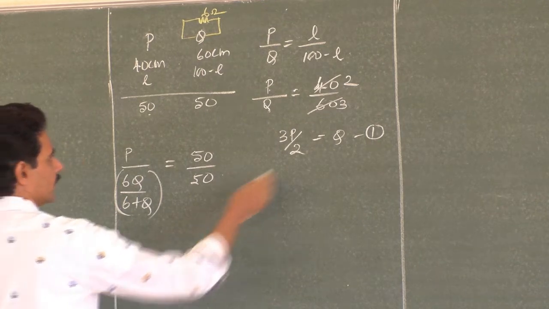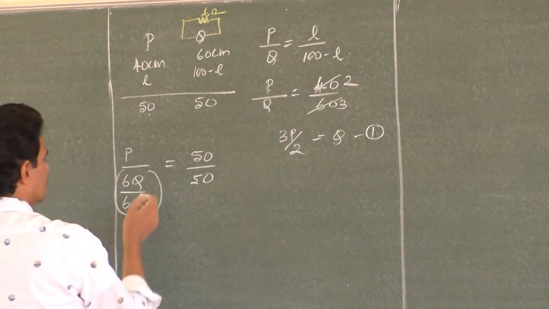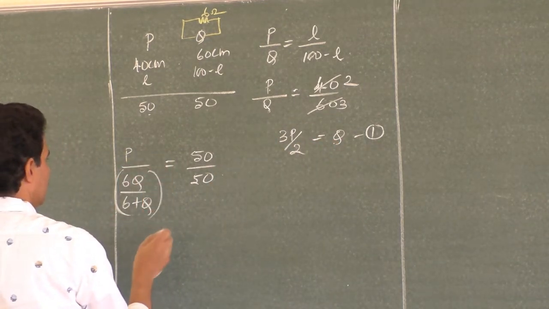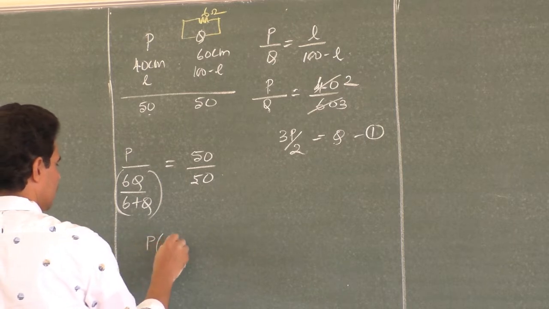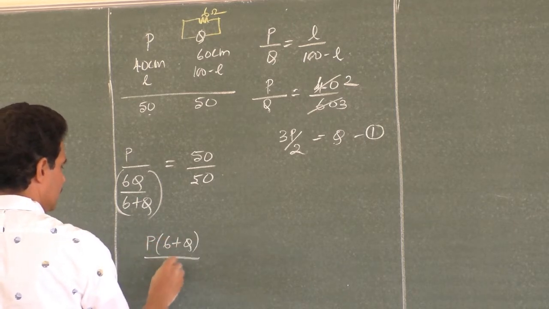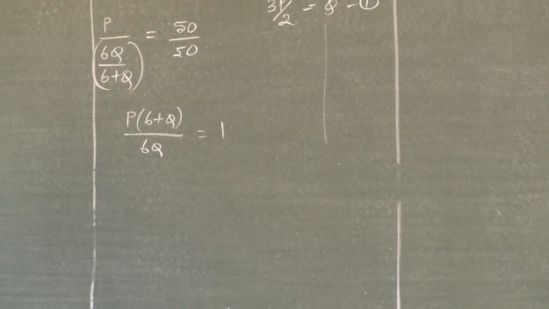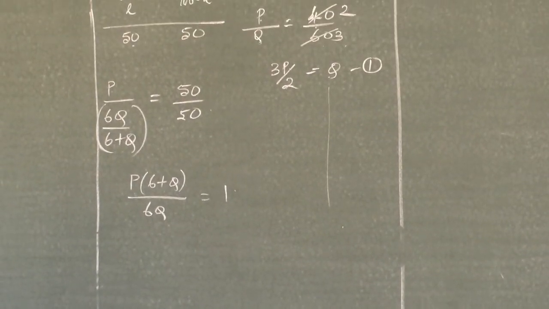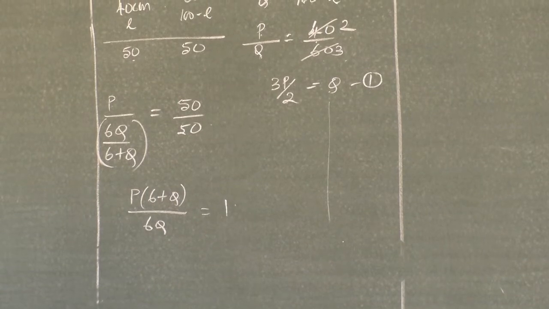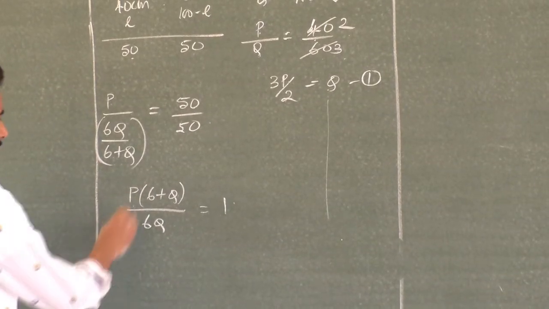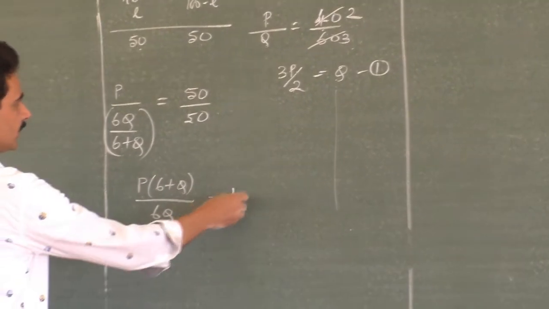Now we will substitute for Q because they want P. So let us have only P in the formula. P into 6 plus Q divided by 6Q is equal to 1. Yes, so P into 6 plus Q by 6Q is equal to 1.